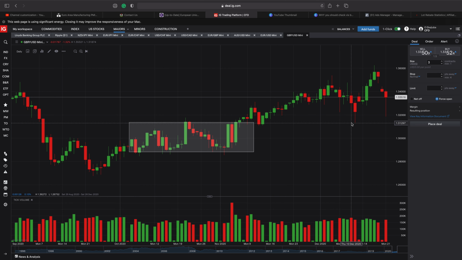And as you can see, the last time it fell dramatically, it went down to 1.3139, which was exactly where I put this particular rectangle. It fell to that point and it went back up again. It attempted falling today. It went back up again.